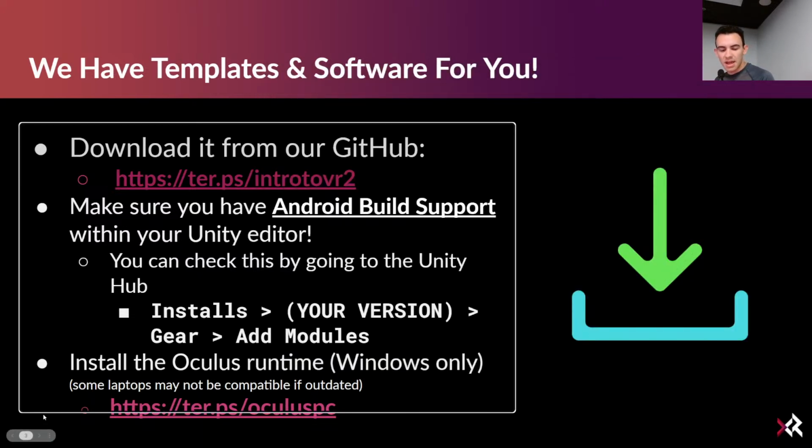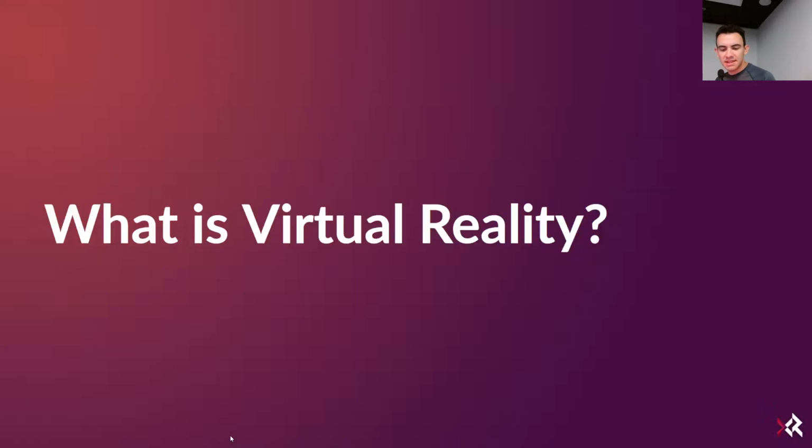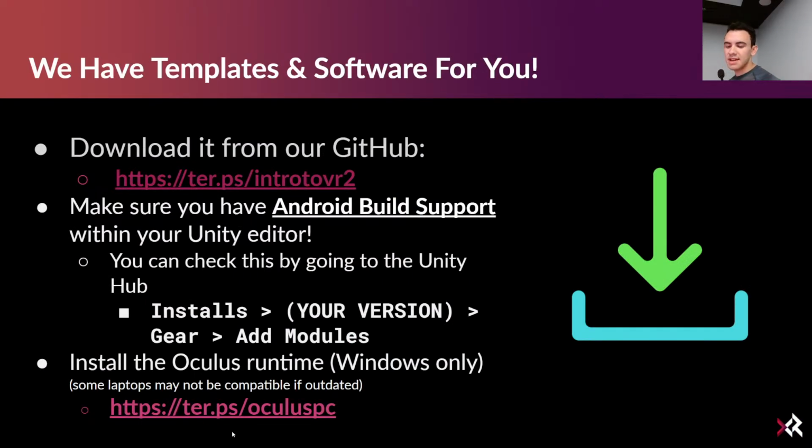But yeah, the last thing you might need is the Oculus Runtime, which is software that you need to connect the Quest to your computer to do development and stuff like that. I believe this link still works. You can get it at this link here. You can also Google Oculus PC download, and you'll get the same thing. So are we good to go?